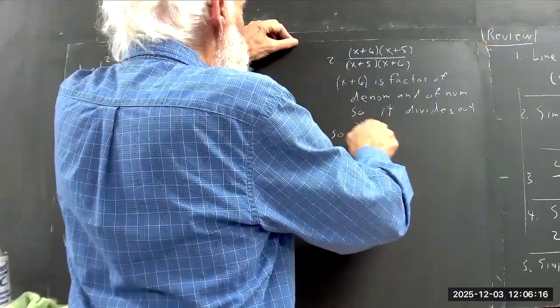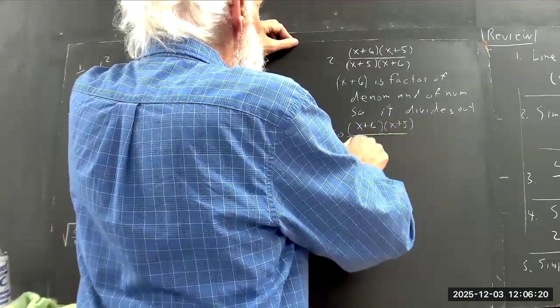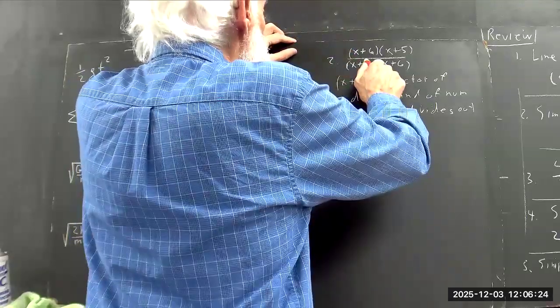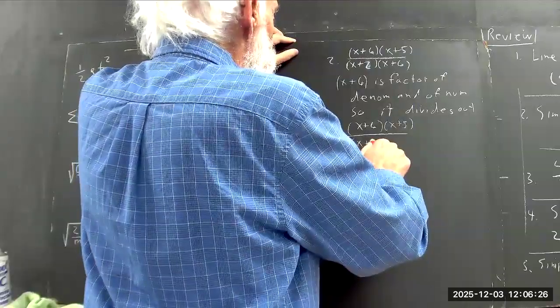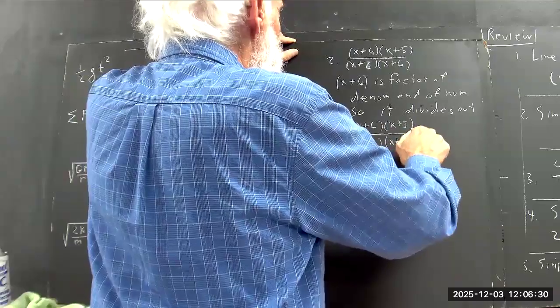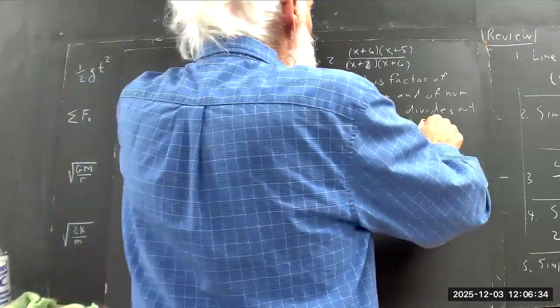So x plus 6 times x plus 5 over x plus, it's not x plus 5, it's x plus 2 here. x plus 2 times x plus 6 equals, now I like to write it out.